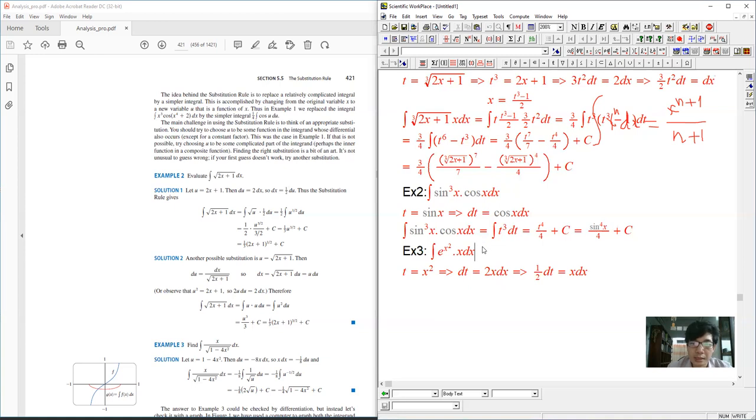We change the integration by a new formula: e power t times 1/2 dt, and we put the constant before the integration.